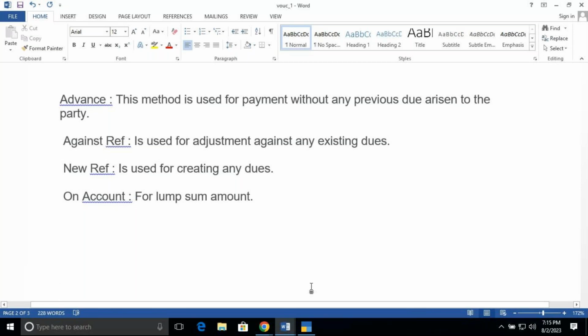Now you just write down these things. New reference is used for creating any dues. If you are recording any fresh transaction, you have to create a due because you are not going to receive or pay immediately. You are going to pay after 30 days, 45 days, whatever the credit period given by the supplier.